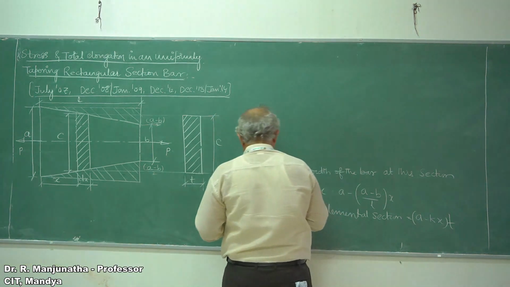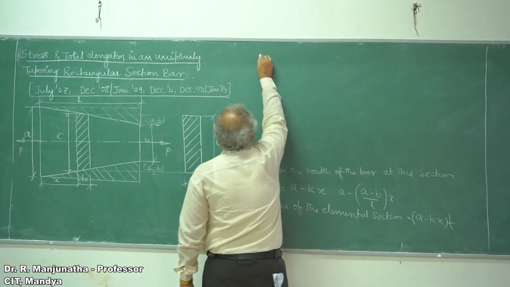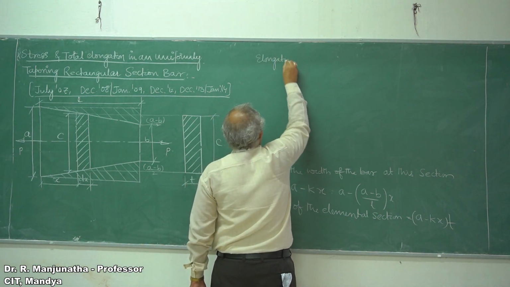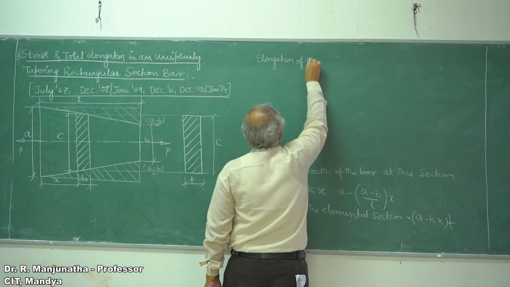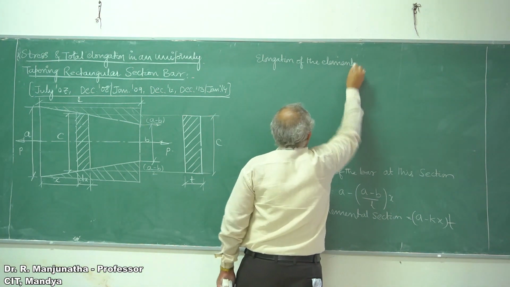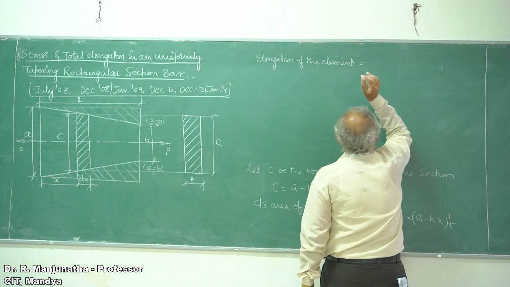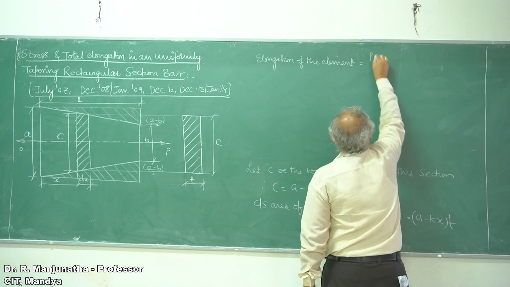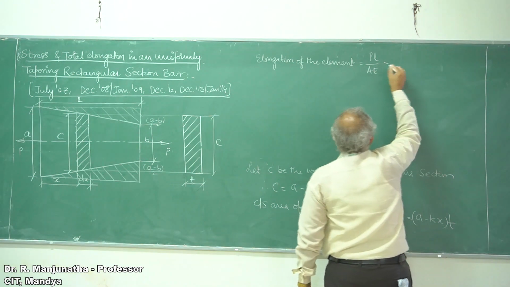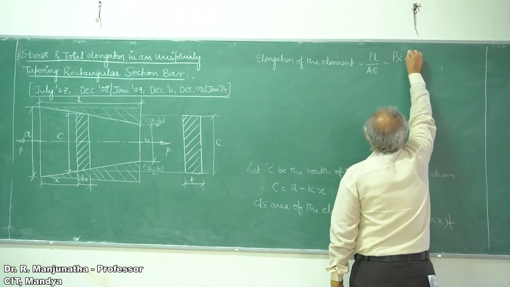The elongation of the element will be equal to P into L divided by A into E, where the length of the element is dx.